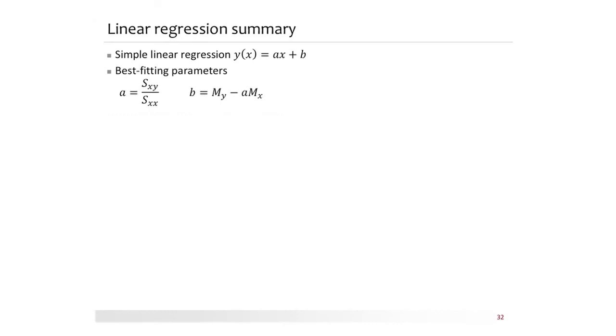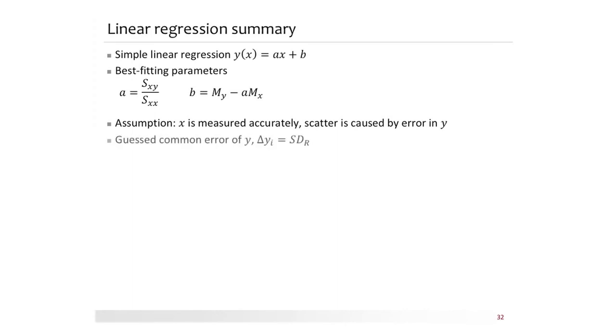Right? So, to summarize, a simple linear regression is ax plus b. It's just a relation between two variables. We find best fitting parameters using these equations. An assumption which is very important is that x is measured accurately and scatter of points around the line is caused by error in y.